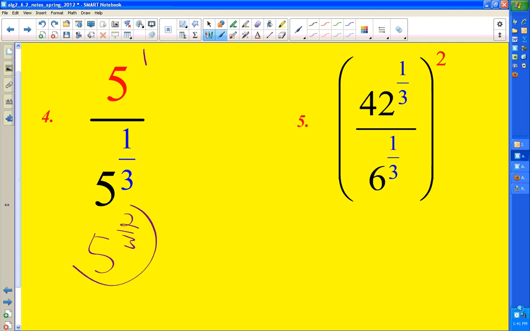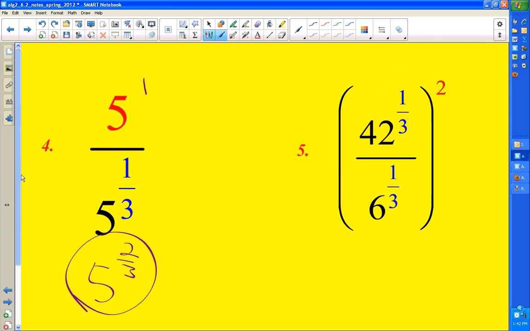So this is 5 to the 2/3. It isn't 1 minus 1, it's 1 minus 1/3. 3 over 3 minus 1 over 3 is 2 over 3. Is that what you're asking? Okay.